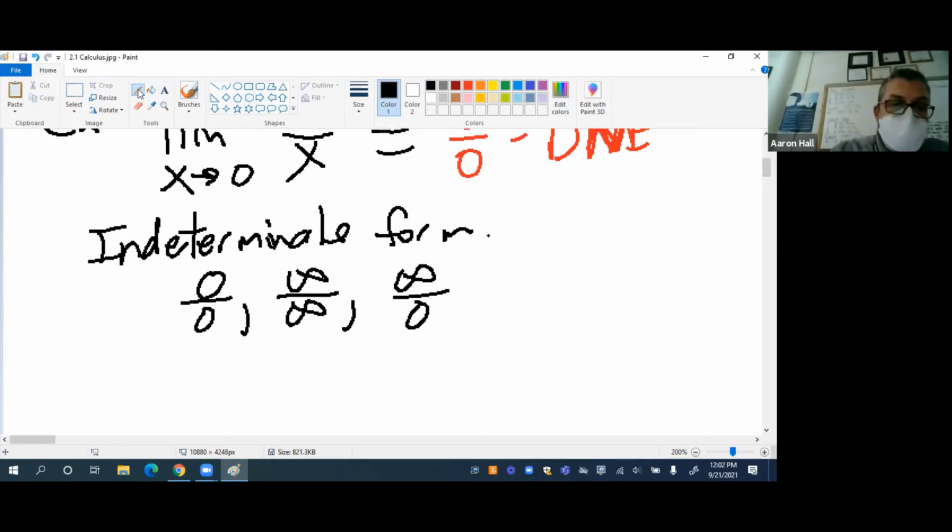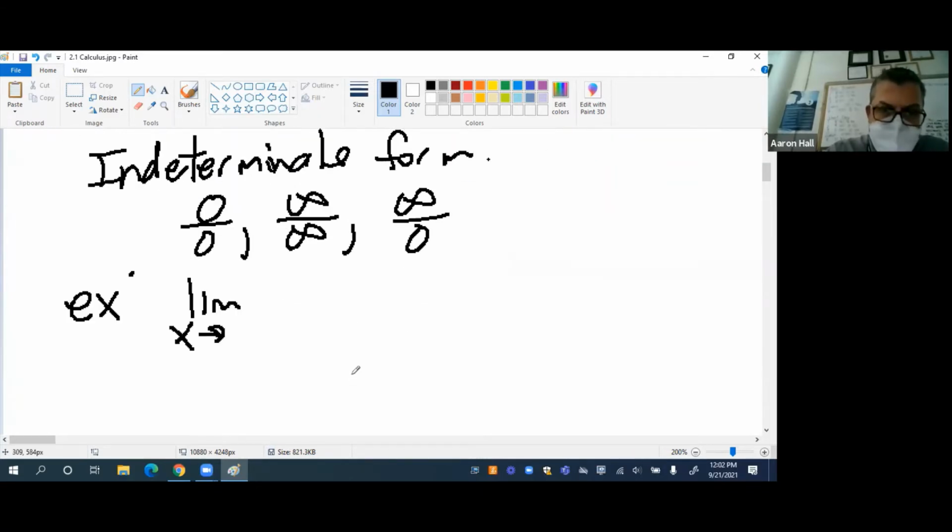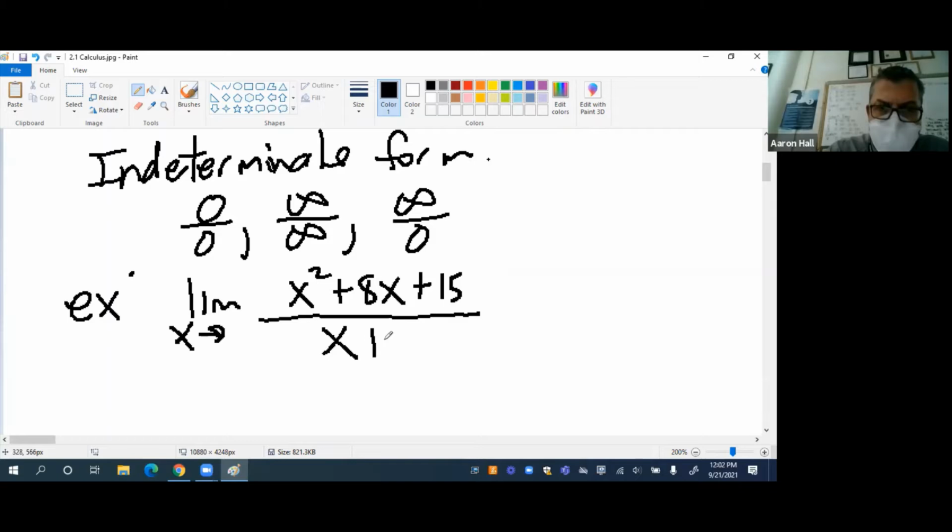Here's my example. I have the limit as x approaches, let's make up one, of x squared plus 8x plus 15 over x plus 5. I think that one works.